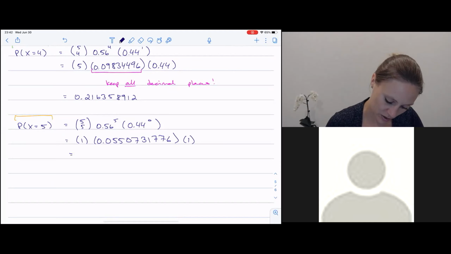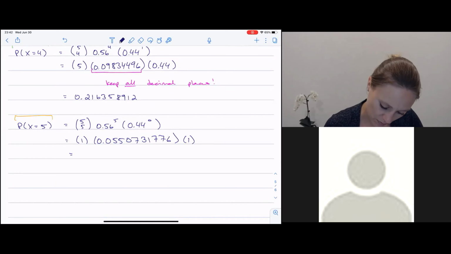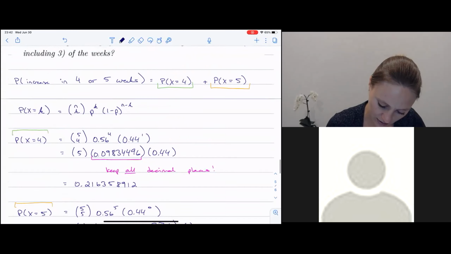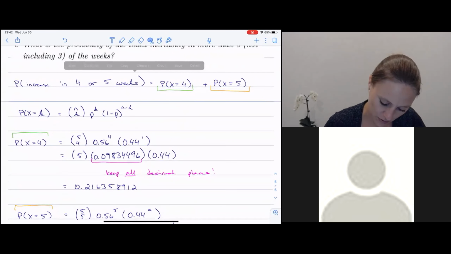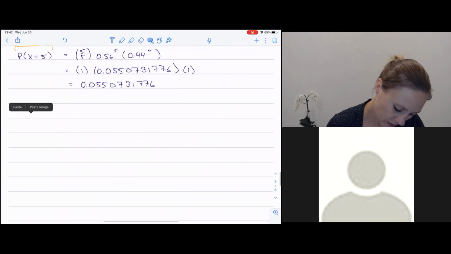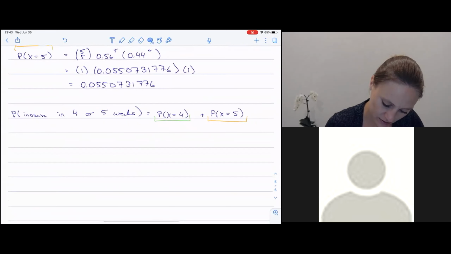So that is just the probability, right? Because 1 times 0.055 times 1 puts me at just 0.05507317776. So then if I flash back to what we were trying to solve for, I now have what I need to do that.